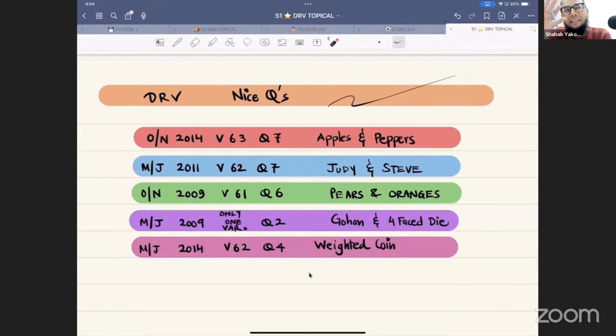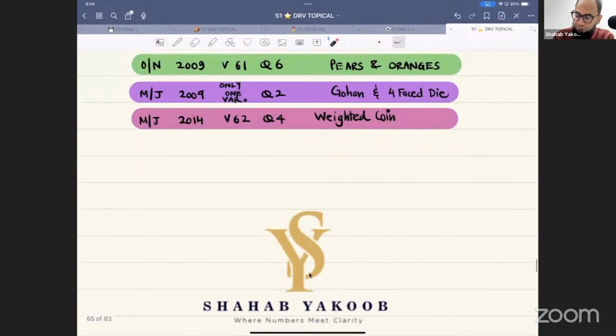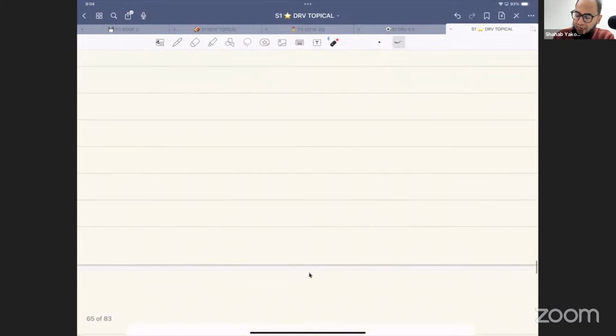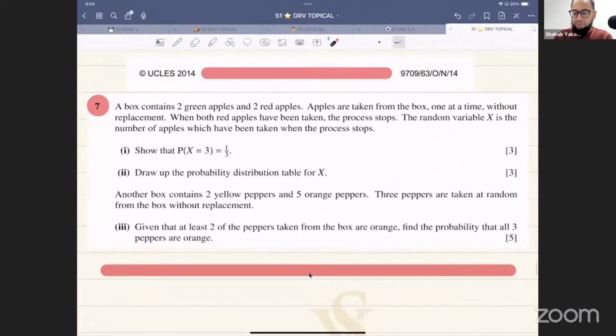Now these are considered something a little bit out of the box. They could fall into the category of tree diagram, permutation combination, common sense, logic, sample space diagram, and a lot of other things. So let's go to each question. Let's read it out and then attempt the question.